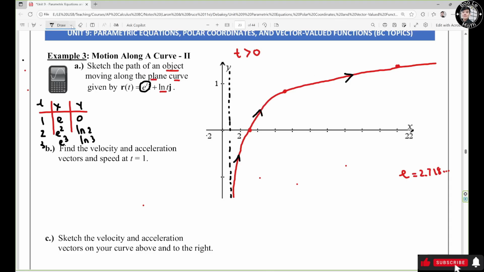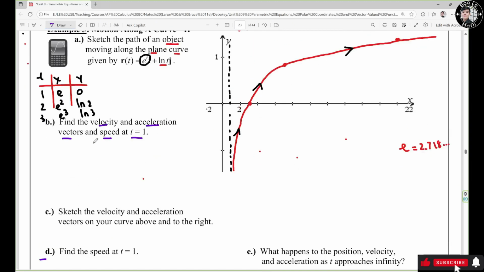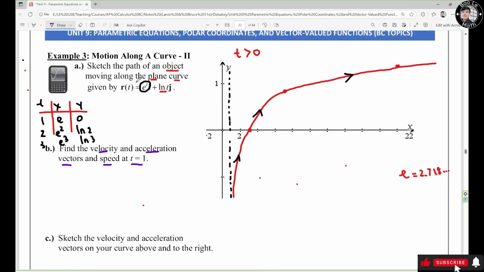Now question B. Find the velocity and acceleration vectors at t equals 1. The speed is for question D right here. Now velocity, we're going to take the derivative of this one right here.